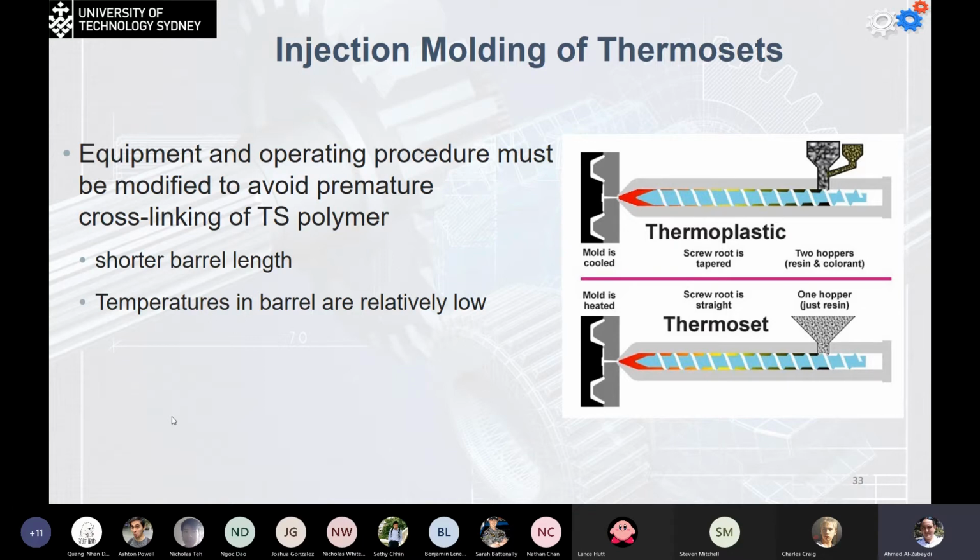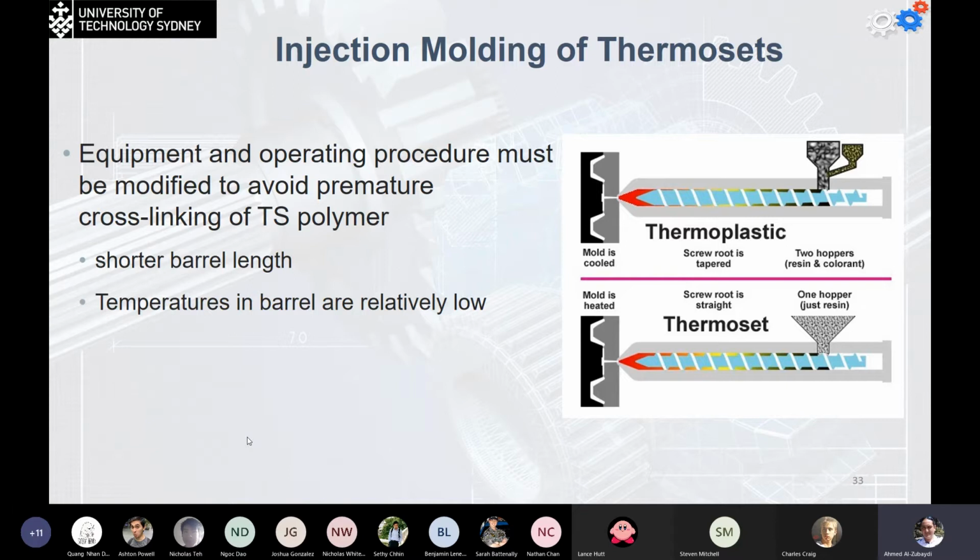So to do that, we need a shorter barrel length. The temperature is going to be low because the temperature is going to harden the part instead of making it soluble.